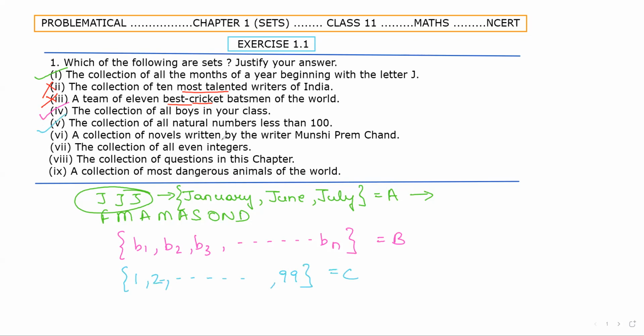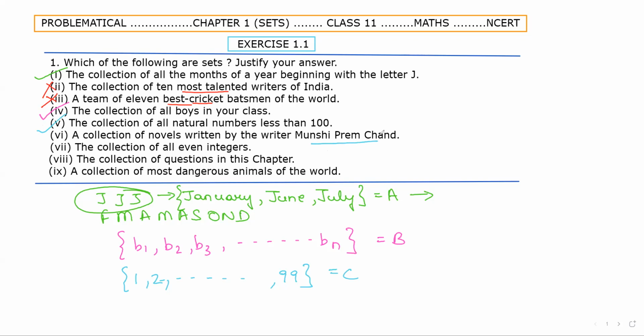A collection of novels written by the writer Munshi Premchand. So, Munshi Premchand would have written a specific number of novels. I do not remember how many, but he would have written a specific number of novels. So, this number of novels would be a natural number. They are counting numbers.